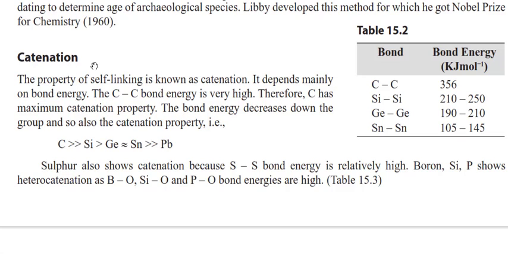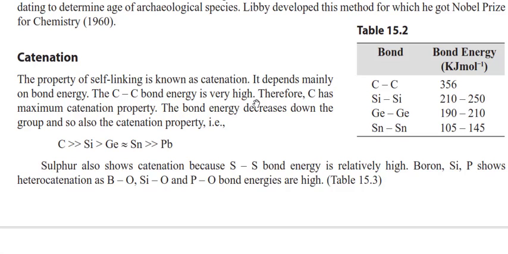Catenation is nothing but the self-linking property, and the catenation of carbon is the highest. If you are moving from up to down in any group, the catenation property decreases, and it depends mainly on the bond energy.